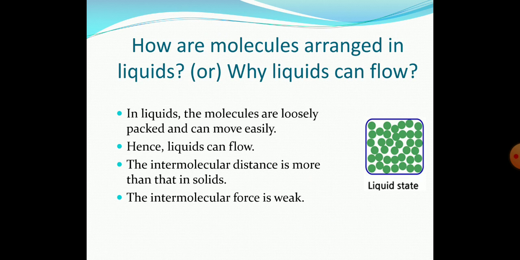This enables the liquid to be compressed to a certain extent, because there is some space between the molecules and the force of attraction is also weak. So in liquids the molecules are loosely packed and they can move easily. This is why the liquids flow.